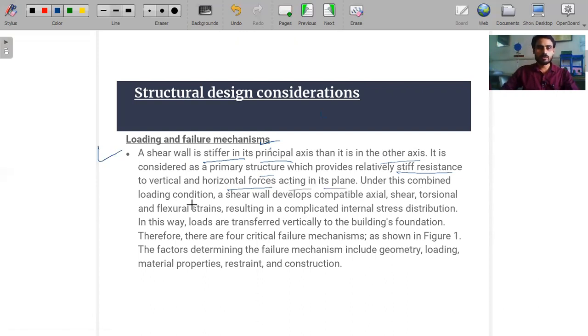Under combined loading, a shear wall develops compatible axial, shear, torsional, and flexural strain, resulting in a complicated internal stress distribution. So the shear wall is designed for every reaction parameter: shear, torsion, axial force, bending, flexure, anything can occur. So we will design the shear wall for all the reaction parameters, right?